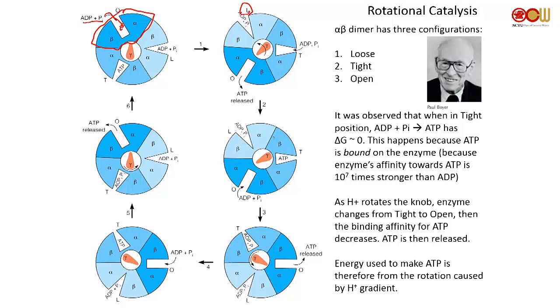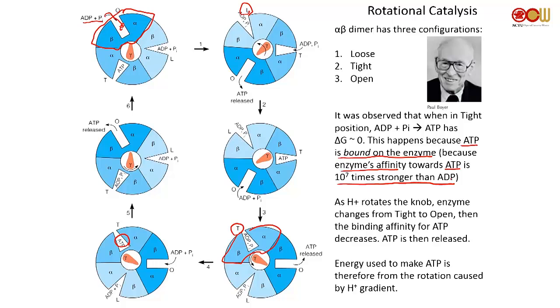And then when you get to the tight conformation, it's going to do its business and rotate. When you get to the tight conformation, it will grab ATP tighter than it grabs ADP. It says it right here: ATP is bound on the enzyme, because the enzyme's affinity for ATP is about 10 to the 7 times stronger than for ADP.